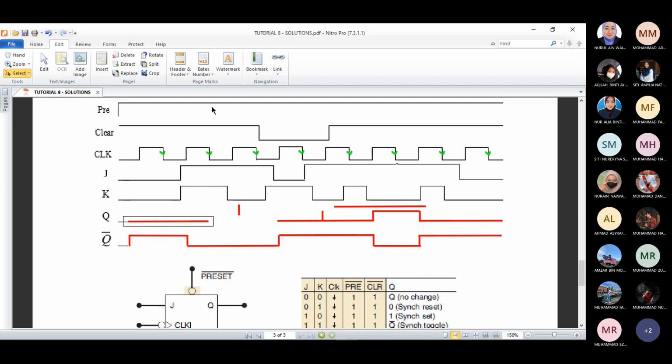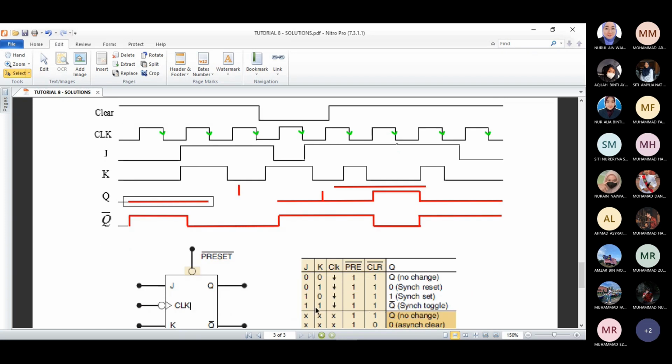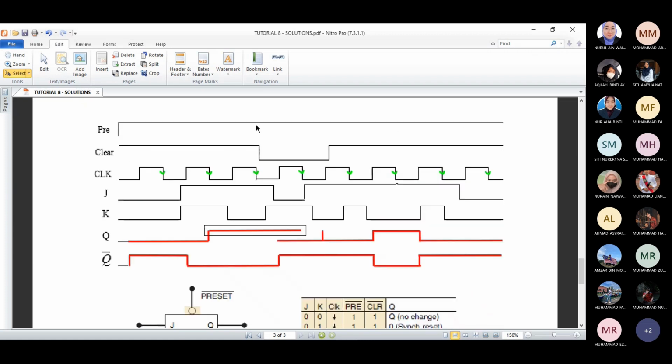And then this part here, preset and clear is still 1 1 and J and K are 1. So yang ini pula lah 1 1 1 1, dia akan jadi Q bar toggle. So dia akan tukar menjadi 1. Until this part here, we have preset and clear.